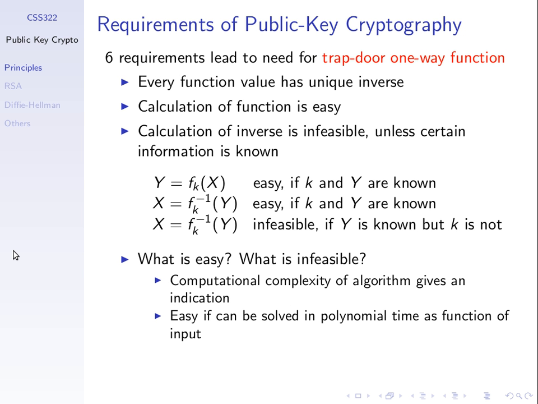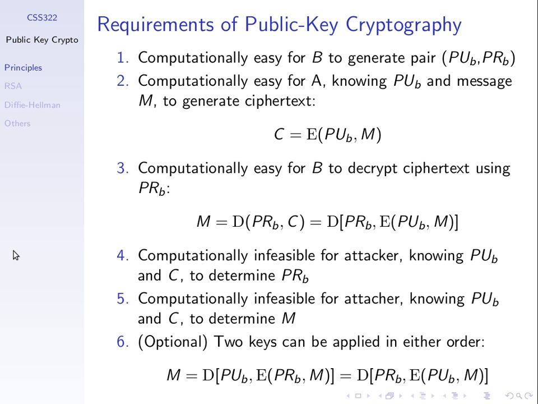So, those requirements: what algorithm or function meets them? What is this algorithm or function E that takes some public key and M and can calculate C easily, but given C and given the public key, it should be hard to get M. If you look at this function and requirement 5, it should be easy to go in this direction, but hard, given this and the public key, to find M, to do the inverse, essentially.